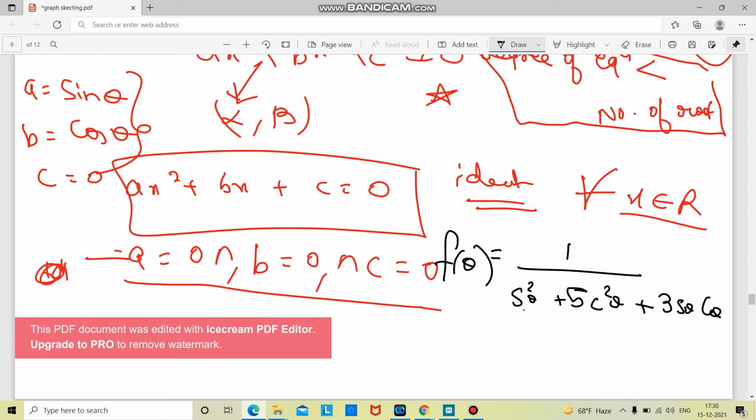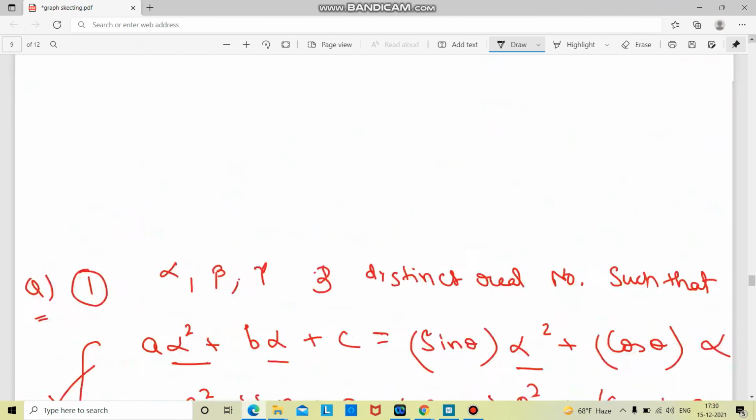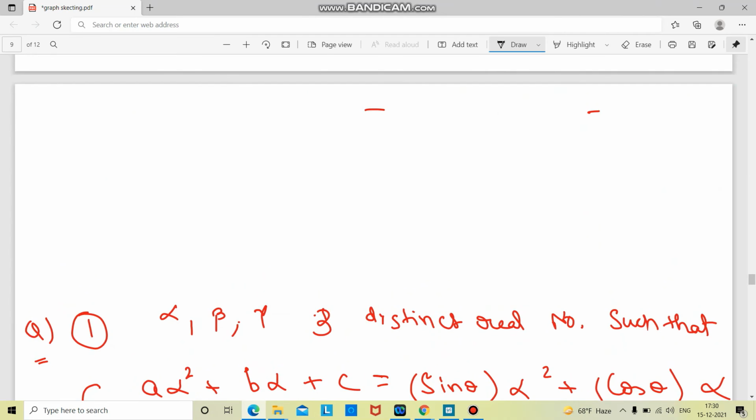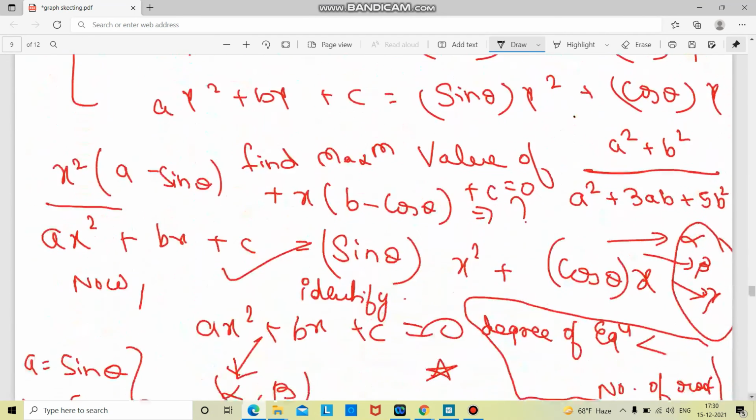This is f of theta, and we have to calculate the maximum value of this expression. We can easily do that.